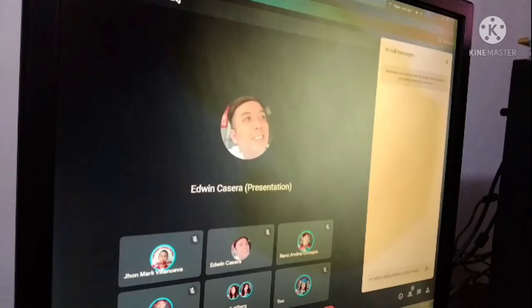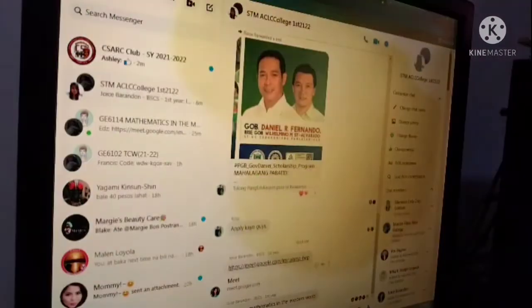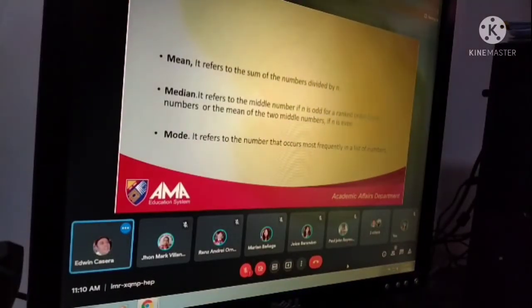Collection of numbers na ginagamit natin usually with our research or management. We have read a while ago.